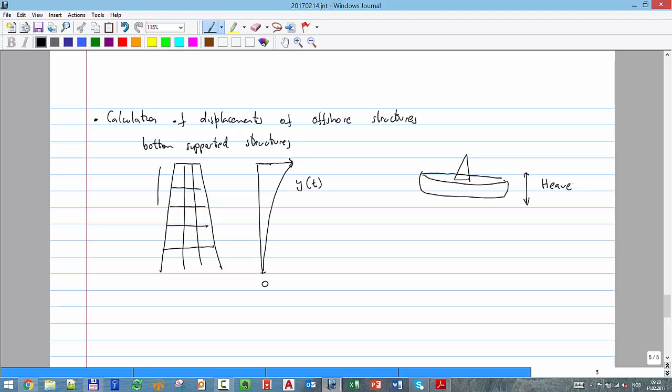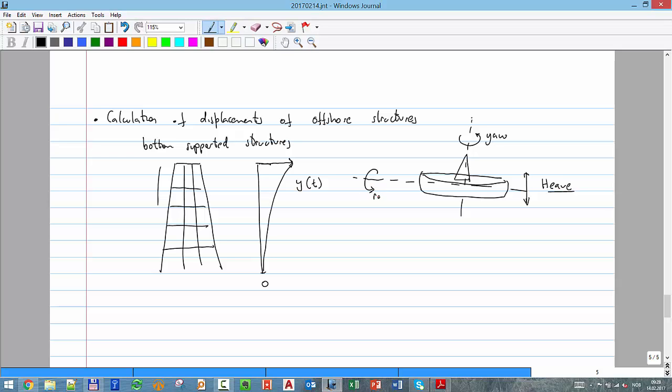What else can it do? It can move vertically, and that's called heave. Then we can move in that direction, that is called yaw. Then if it moves in that direction, that is called surge.